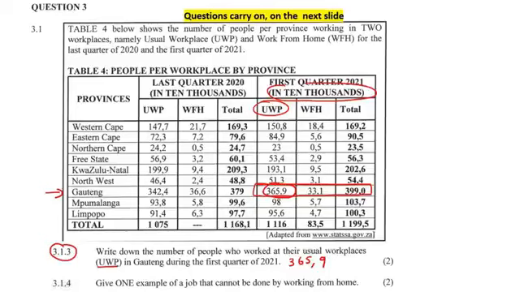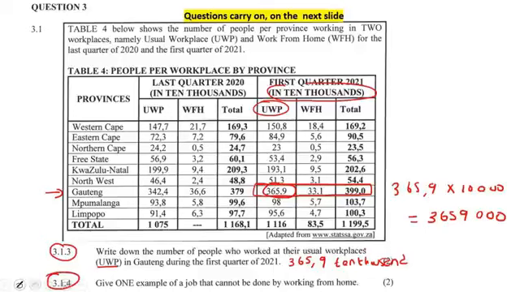So you can say 365.9 10,000, or you could say 365.9 multiplied by 10,000, and that's going to give you 3,659,000.